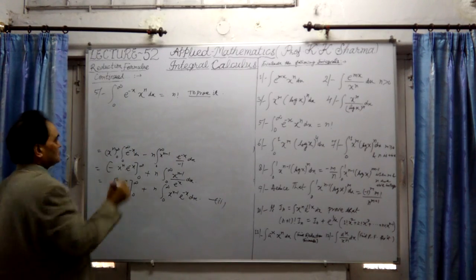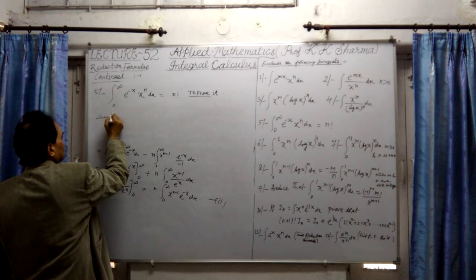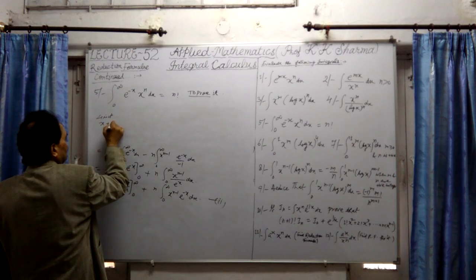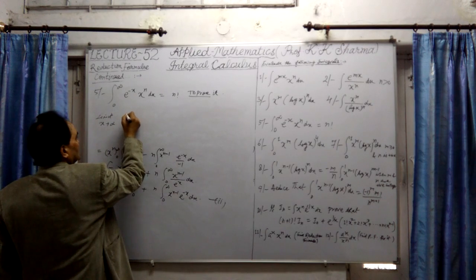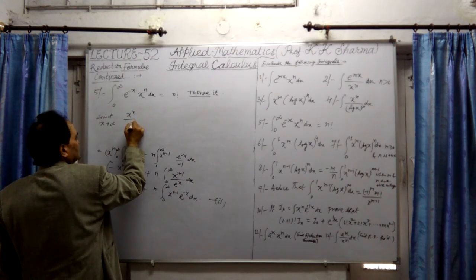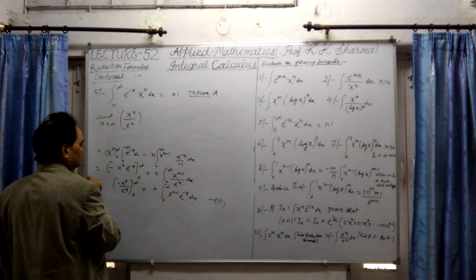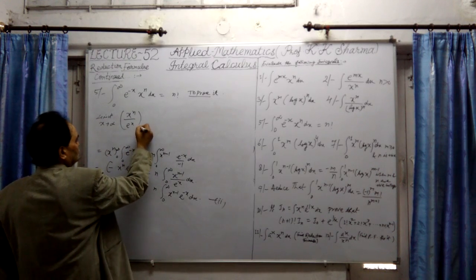Now, the limit as x tends to infinity of x raised to the power n upon e raised to the power x.